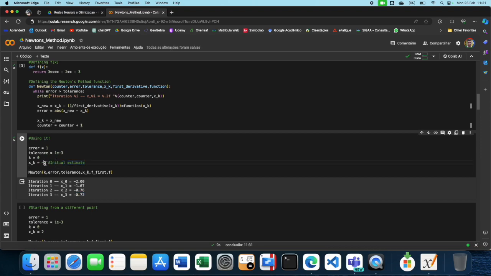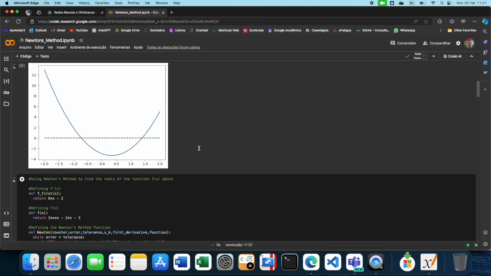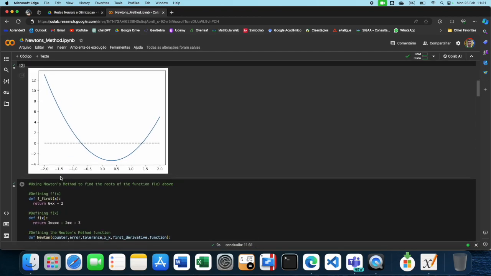Here I used the point -2. Look, I started here, at the point x equals minus 2, and then I went down this function and found this point here.